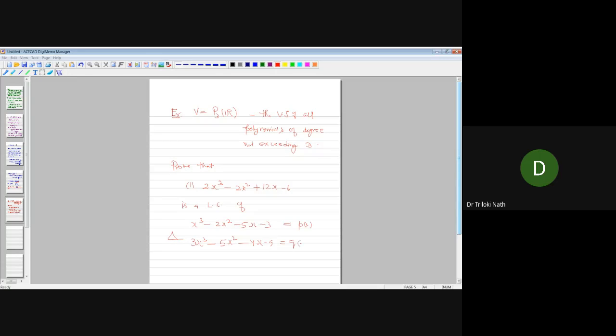Let us call this qx over R. Of course, over R means the coefficients are from the real numbers.